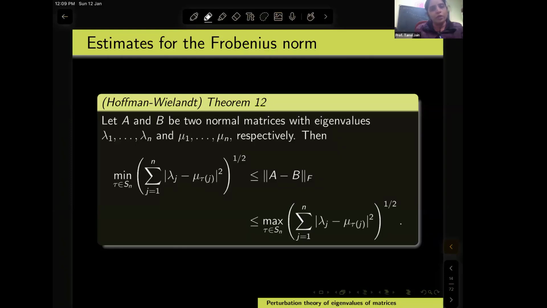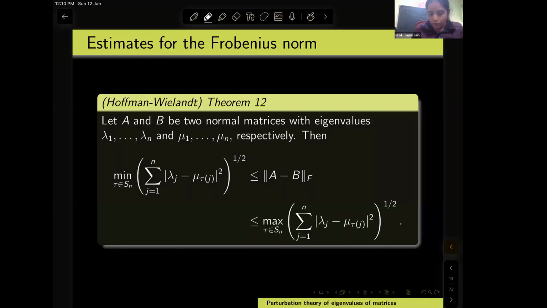But now, instead of looking at the maximum over all j of mod lambda j minus mu j, my thing becomes the Euclidean norm: the square root of the sum of mod alpha j minus beta j whole square over lambda j minus mu j. That I am considering here.